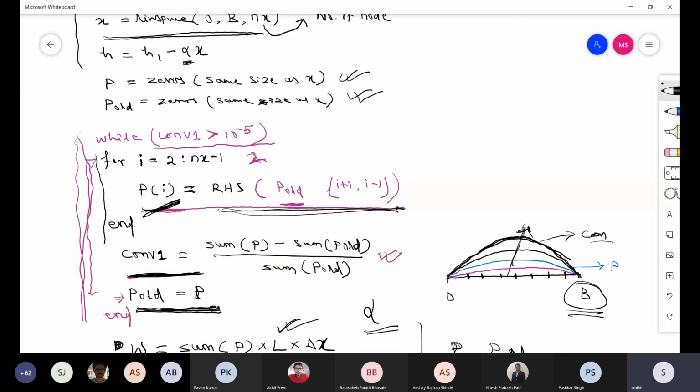That means you are updating the value for the next iteration. Likewise, I showed you in the diagram. This magenta line, the red line in the diagram, is what you get after your first iteration. But before that, all are 0. That's fine. Yes, I got it now.